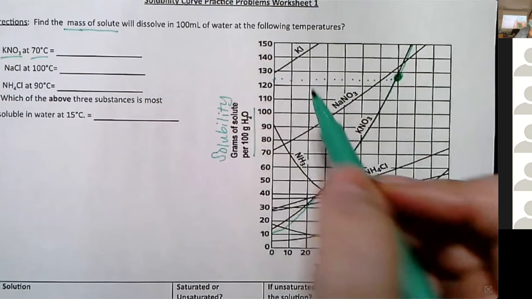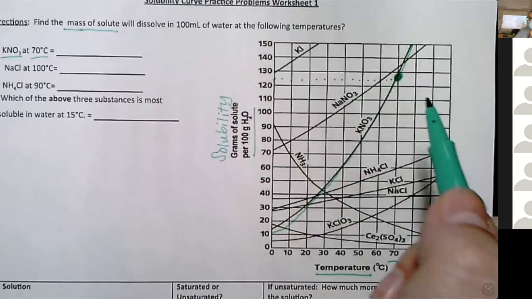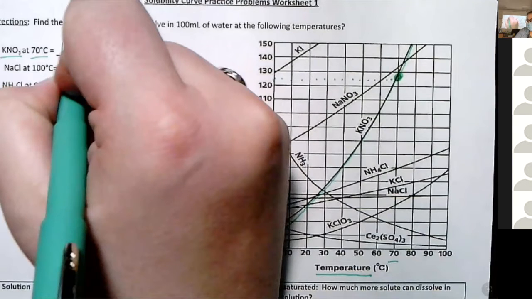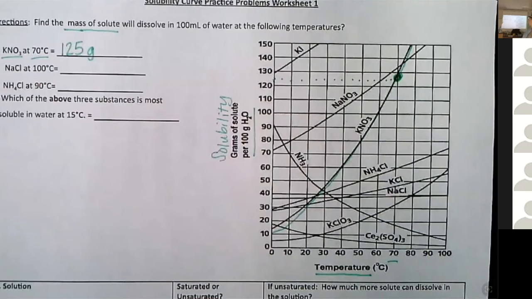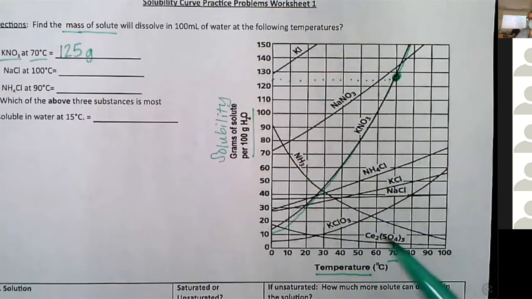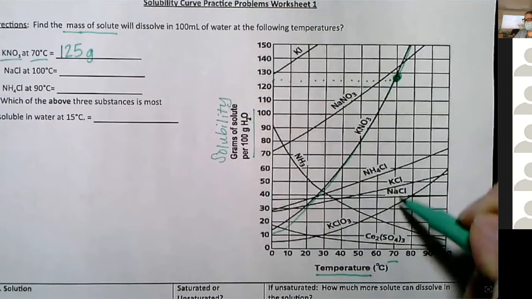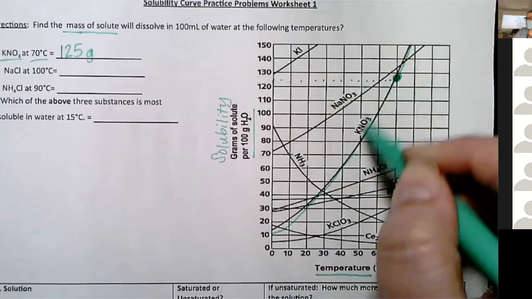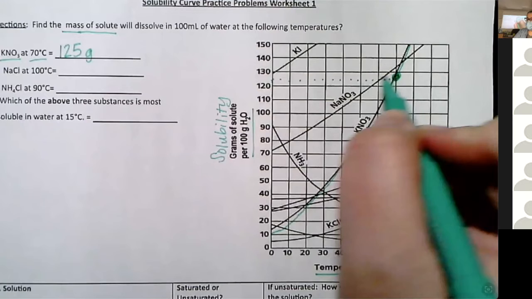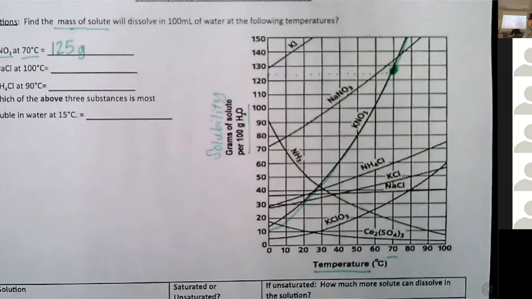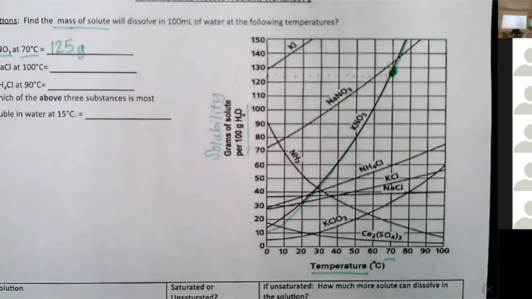So here, what you would do is 125 grams. That's the answer for number one. So we started by finding the temperature, then going up until we met the line we were looking for, which was KNO3, and then we go over to the y-axis, and it tells us how many grams. So the first one is 125.